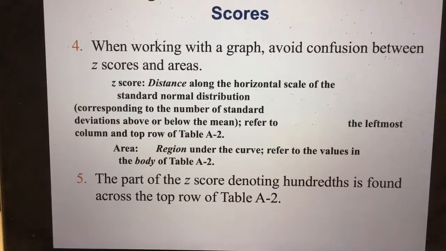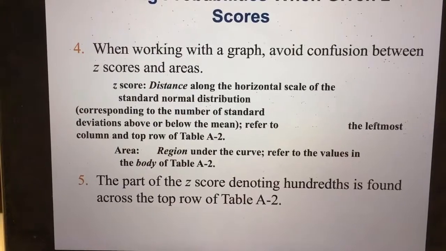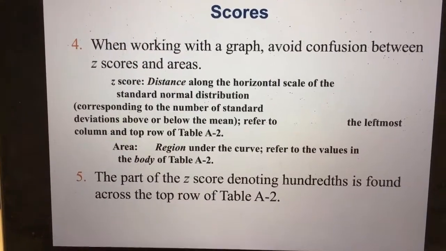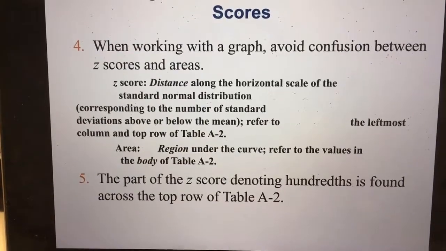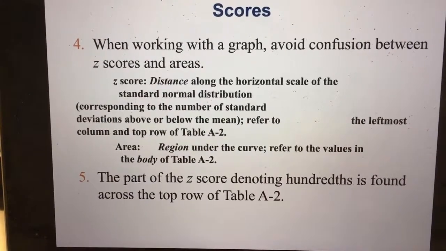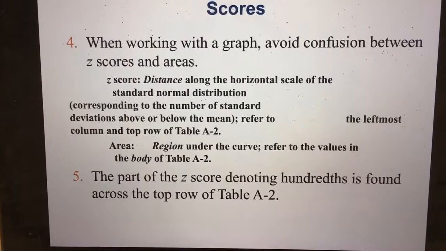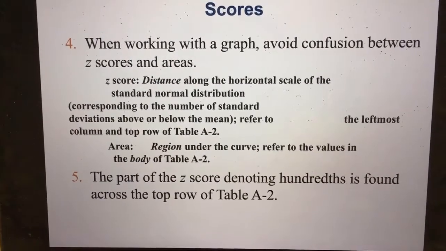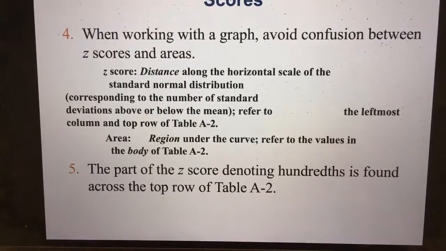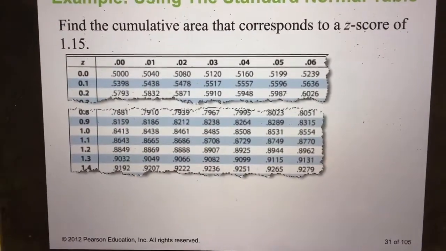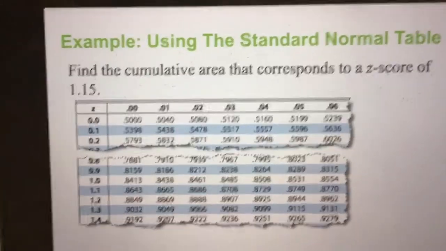The area is the region under the curve, and it is also the probability. These are the values in the body of the table. And number 5 says the part of the z-score denoting hundredths is found across the top row of the table. So let's look at some table values here.